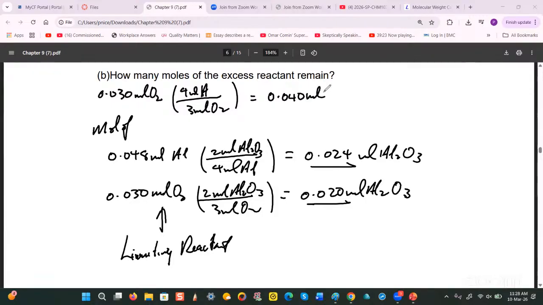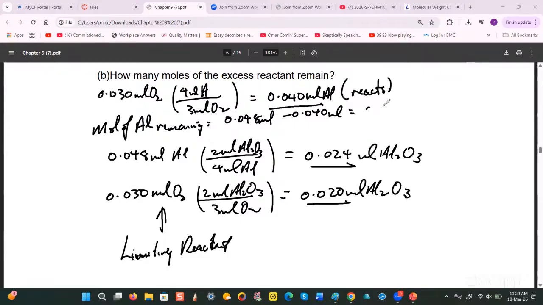0.040 moles of Al. Remember now, this is the amount of aluminum that reacts. What the question is asking for is how many moles of the excess reactant, which is aluminum, remains. So moles of aluminum remaining would be equal to the original amount, 0.048 moles, minus 0.040.